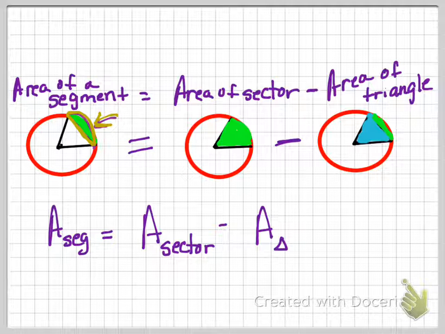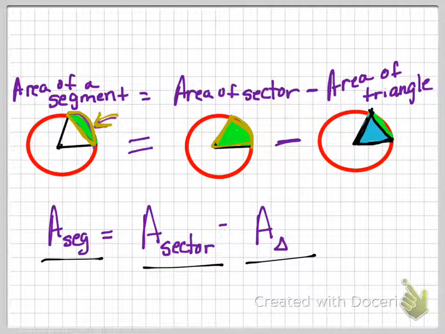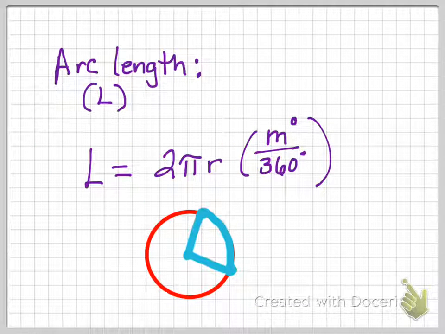To find the area of the segment, we're going to say the area of the sector, so here's our sector, and then we're going to subtract this triangle, and that will leave us with our segment. So the area of the segment equals the area of the sector minus the area of the triangle. So that's what we'll be using for that.